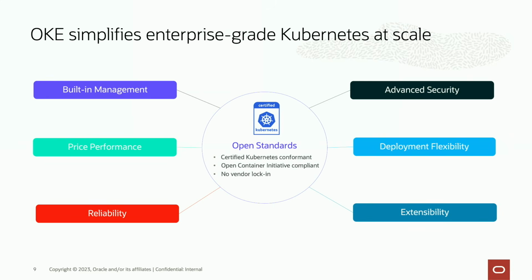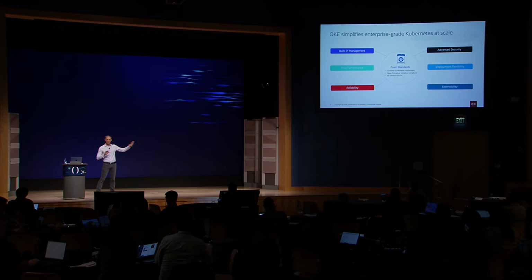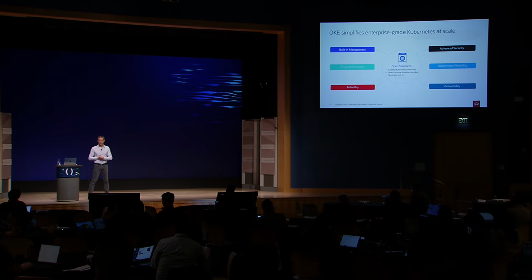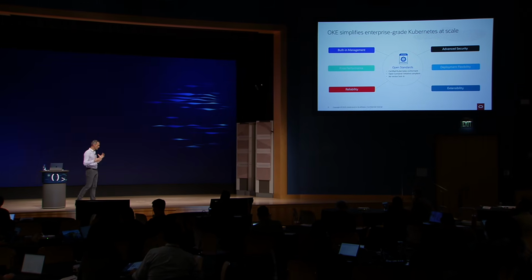And so with those open standards, you're not locked into OCI. You can bring your Kubernetes workloads, run them in OCI, and then decide to go to a different cloud or even on-prem.